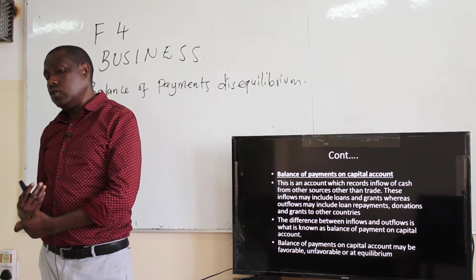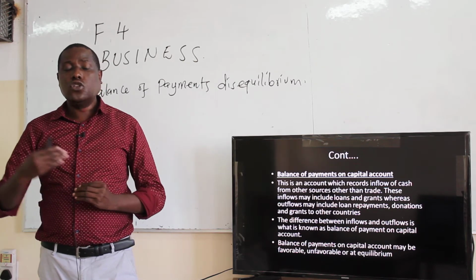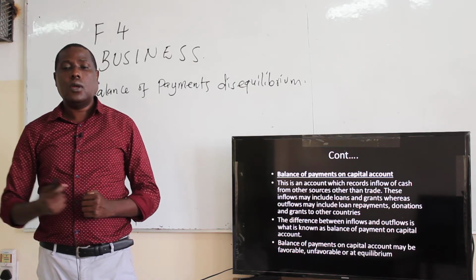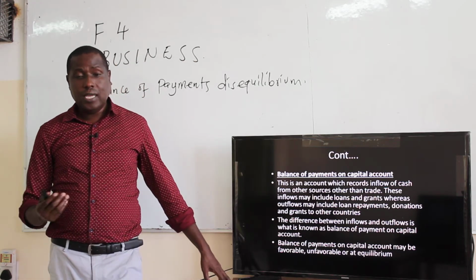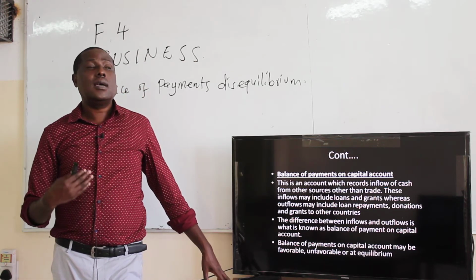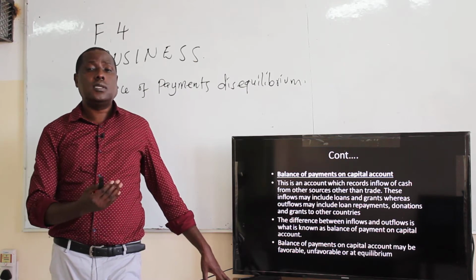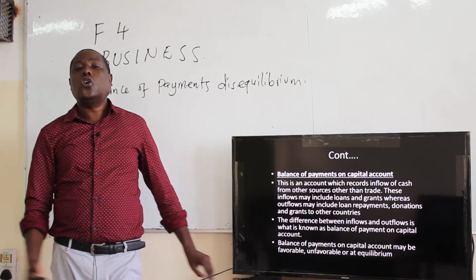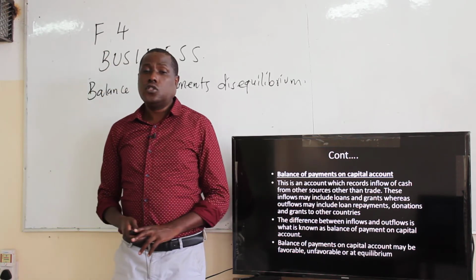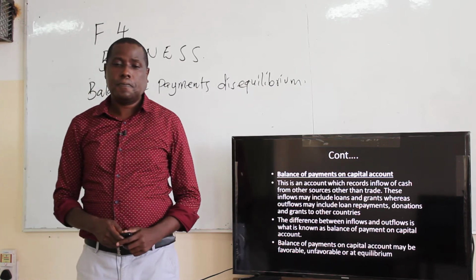When we repay those loans, that is cash outflows. We are not trading, but money is going out. Right? Grants. Some countries or organizations may give us a form of grants that are not loans. That is cash inflow. So all that is what constitutes balance of payments on capital account.